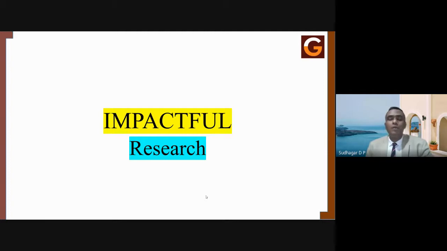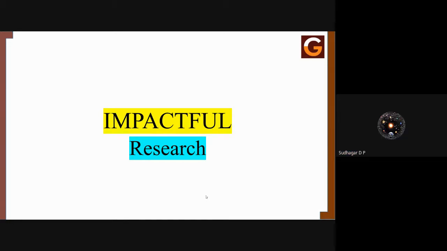It could be anyone who is directly or indirectly connected with your research, and how they are going to be impacted. Are they going to be impacted positively, or negatively? It is very important. All the research endeavors should result in a positive impact for the stakeholders.